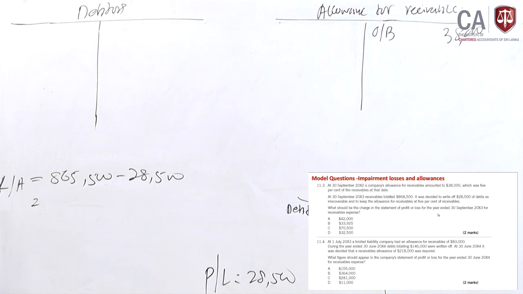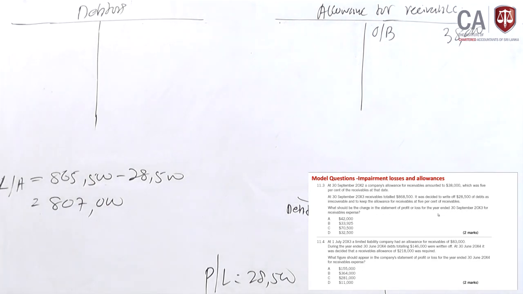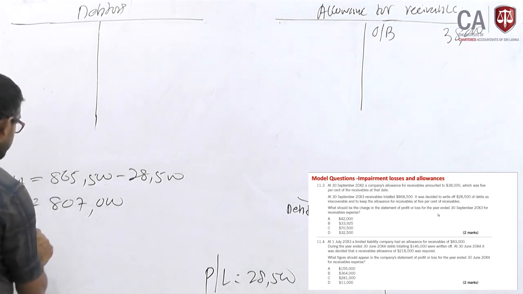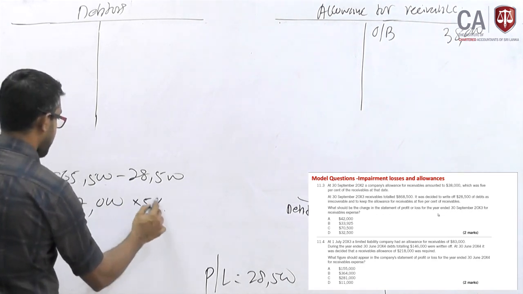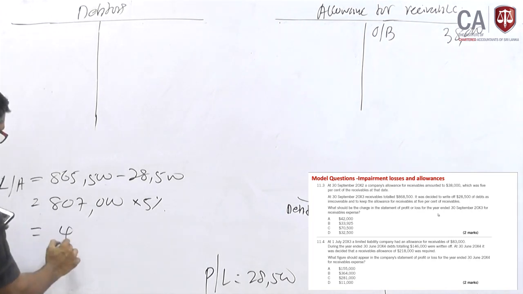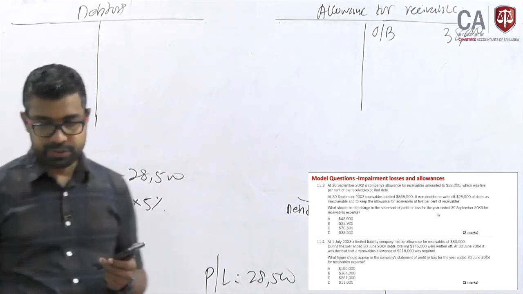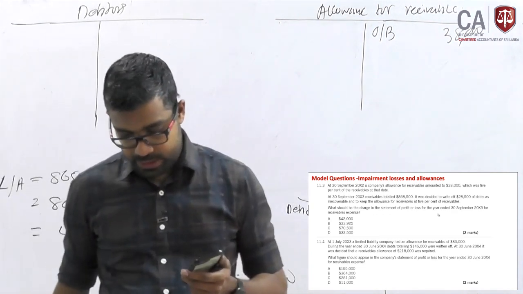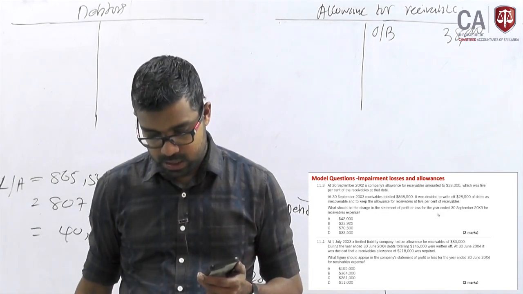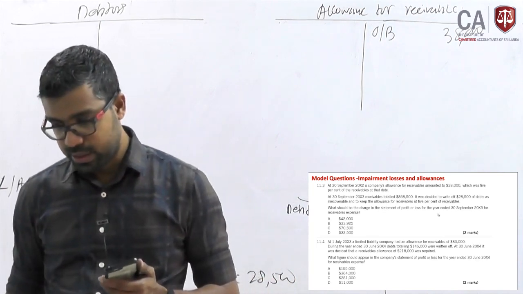This is the closing debtor balance, out of which you charge 5%. 40,350 is the closing balance.